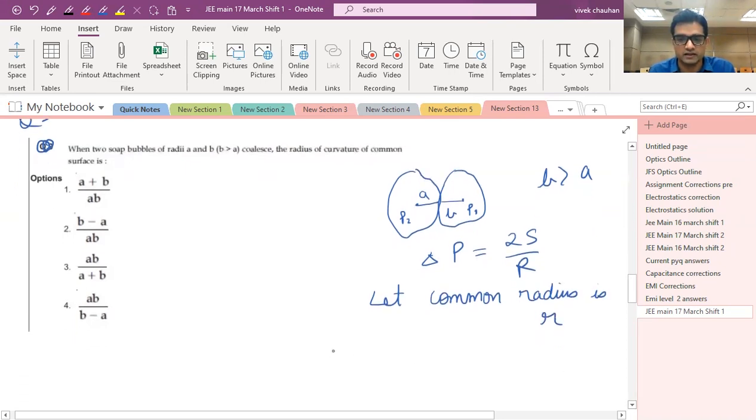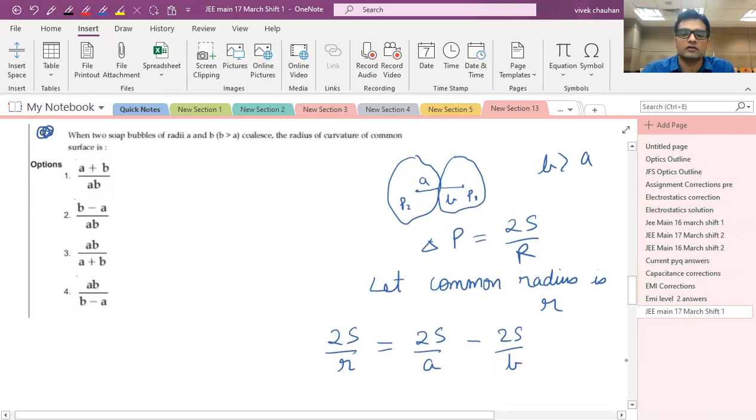Then we can say that 2S by small r is equal to 2S by A minus 2S by B, because we have just subtracted the pressures. This is excess pressure P1, this is excess pressure P2.